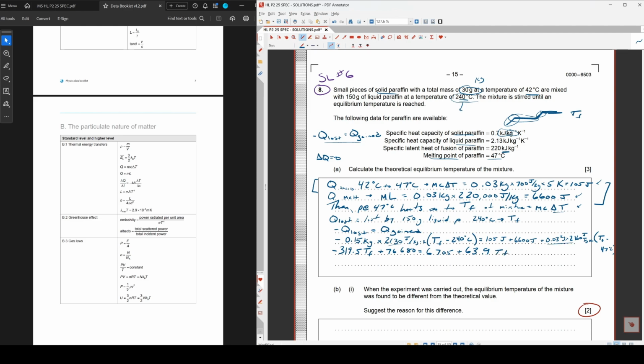I also distribute that to the T, and then I take away, because I'm subtracting 47, so this times negative 47 is this.